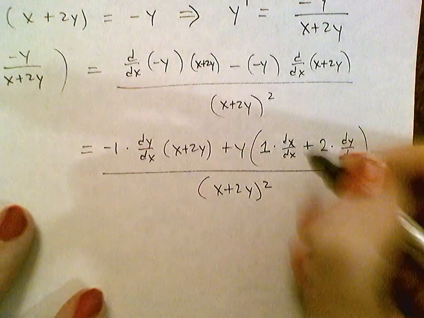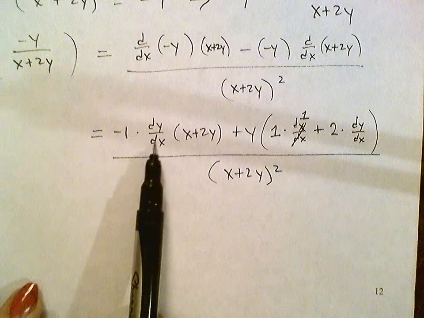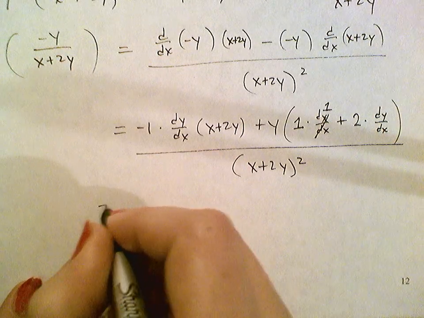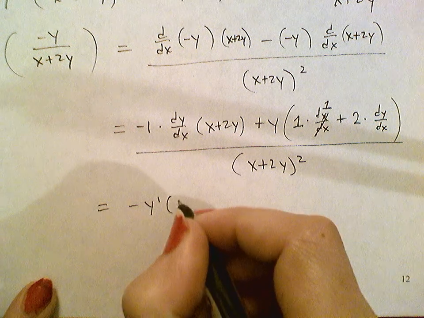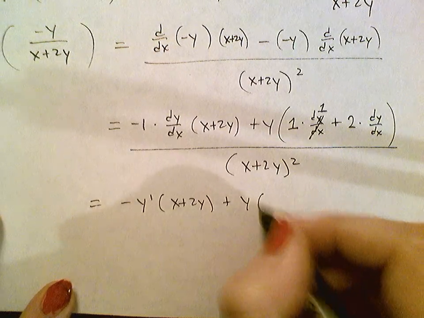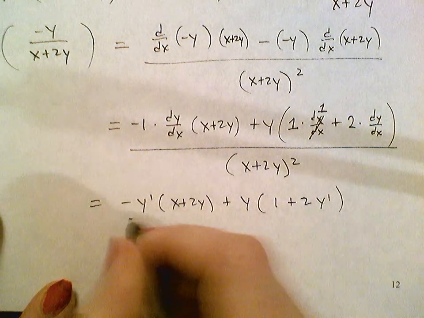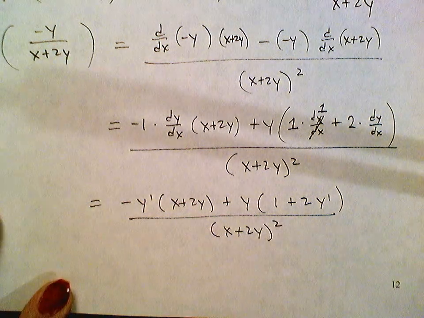Now in the next line, this dx over dx is just going to be a 1, and I will change the dy dx's to y primes. So this is negative y prime times x plus 2y, plus y times 1 plus 2y prime, all over x plus 2y squared.